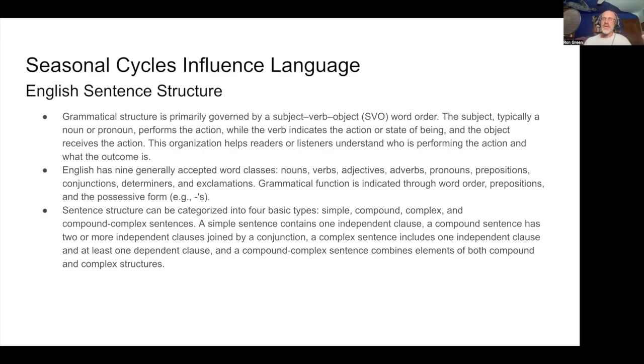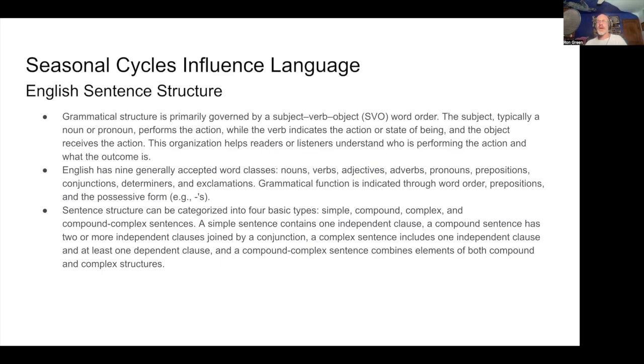Now, what I'd like to know from you all is, are the sentences in Luo, do they have the same variance? Can they be simple? Are some of them compound sentences? Are some of them complex sentences?